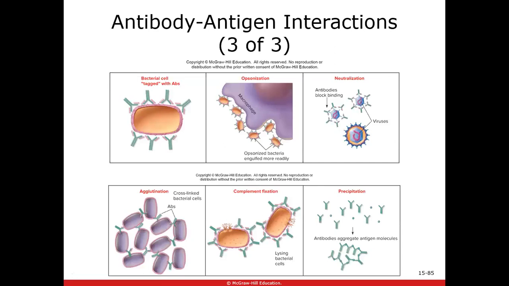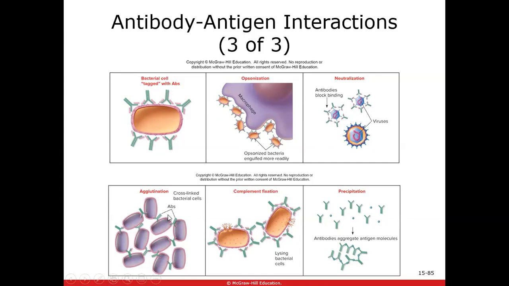Here are the different things here. The immunoglobulin or antibody can tag this cell. And then you have opsonization. Once these are all tagged, it's easier for them to be engulfed by macrophages. You have neutralization. That's where all these antibodies will attach to the foreigner, like in this case, this virus. And so this virus cannot infect the cell.